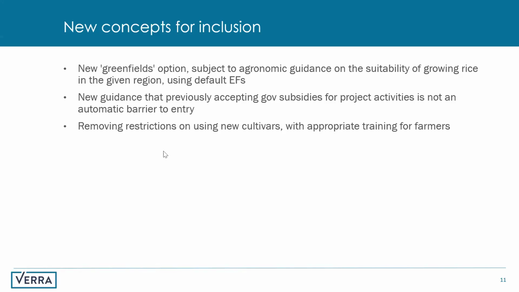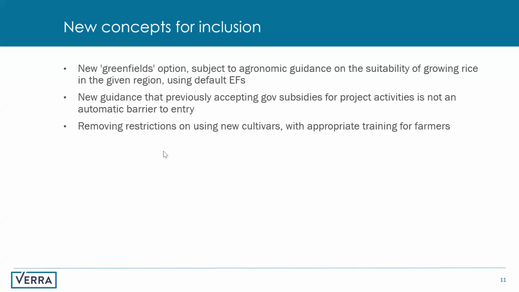Essentially, that guidance tells us that we have to make sure, in this context, that these government subsidies were not specifically related to greenhouse gas emission reductions and that country's contributions to greenhouse gas emission reductions. If they were, then we can't offer a VCU incentive. That would be considered double counting. So we will explore this type of additional guidance, but it would have to be subject to those existing rules, in particular for double counting.